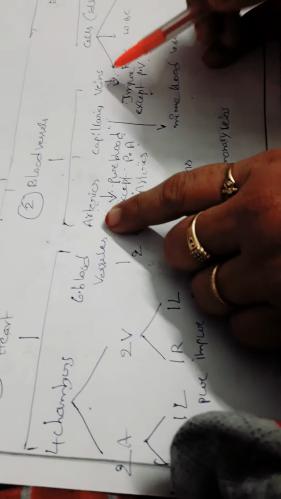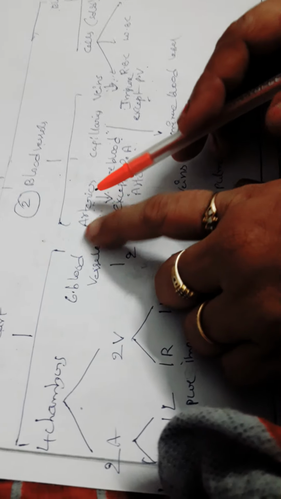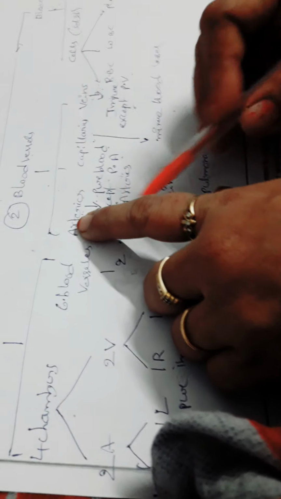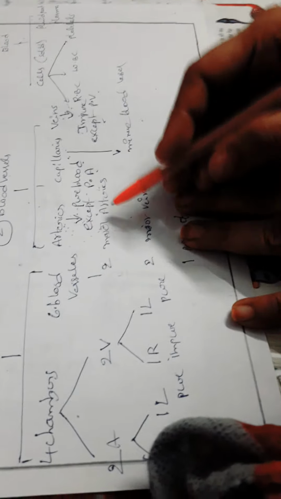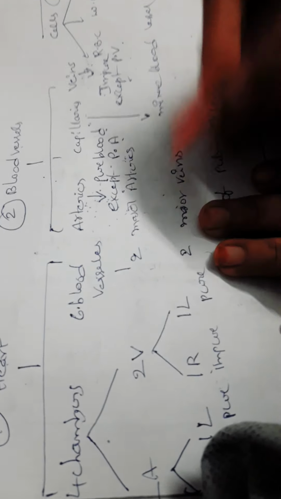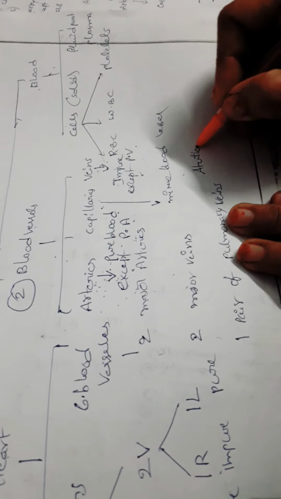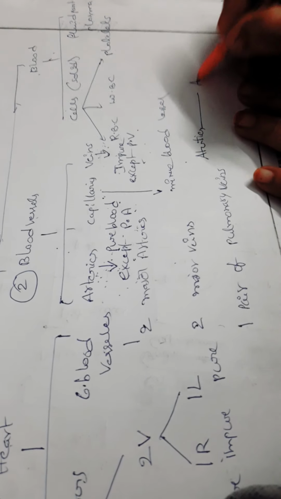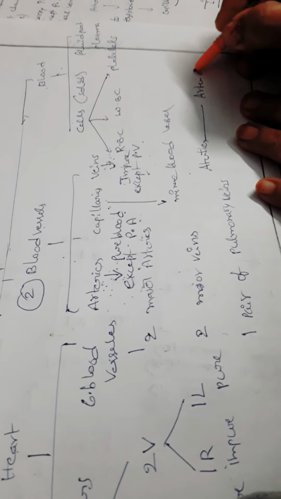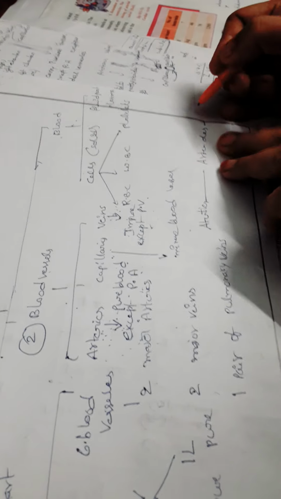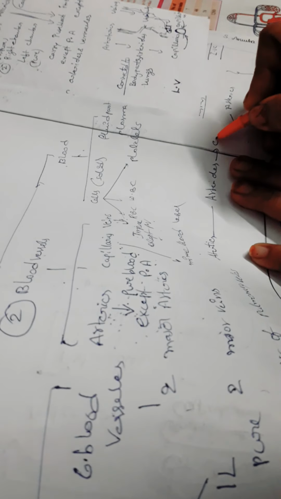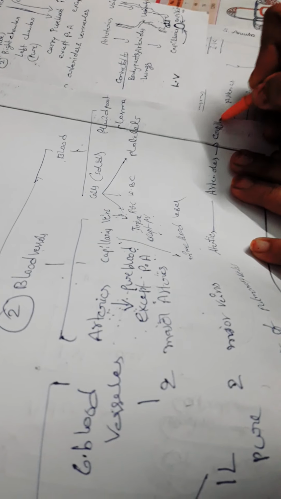The heart is connected to the body organs or cells through the arteries and veins. These arteries are divided into arterioles. Then arterioles divide into still more minute blood vessels, which are the capillaries.